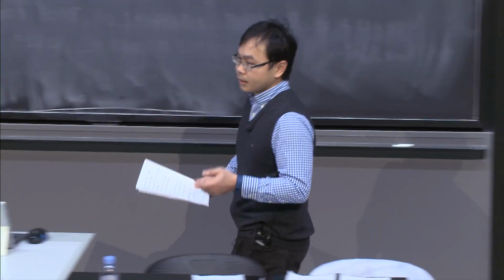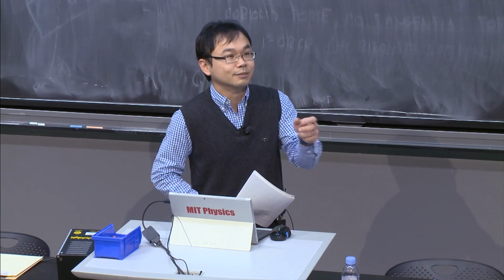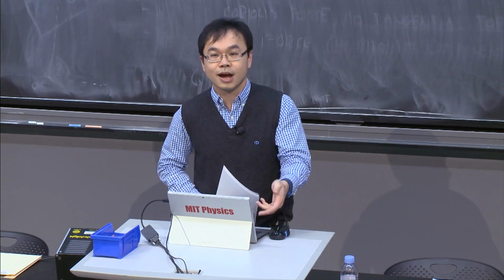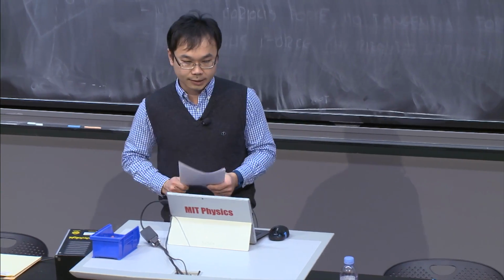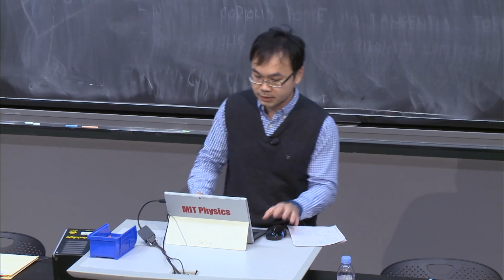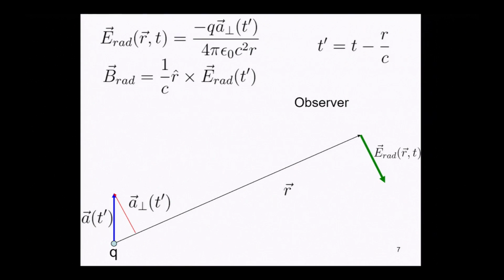You cannot instantaneously send the information about the acceleration of this charge to somewhere very, very far away. Therefore, the acceleration A perp is evaluated at t prime, which is t minus r over c, the amount of time for the information to travel at the speed of light.